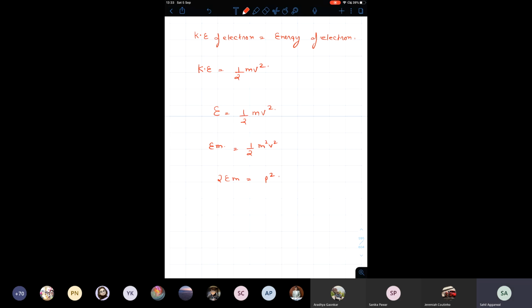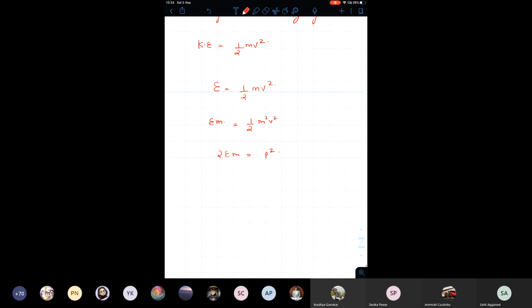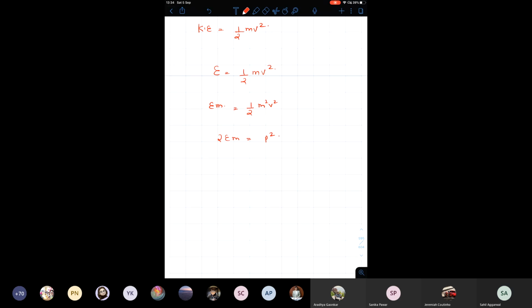Any doubt in this? So it also means p square upon 2m is equal to energy. Any doubt in this?